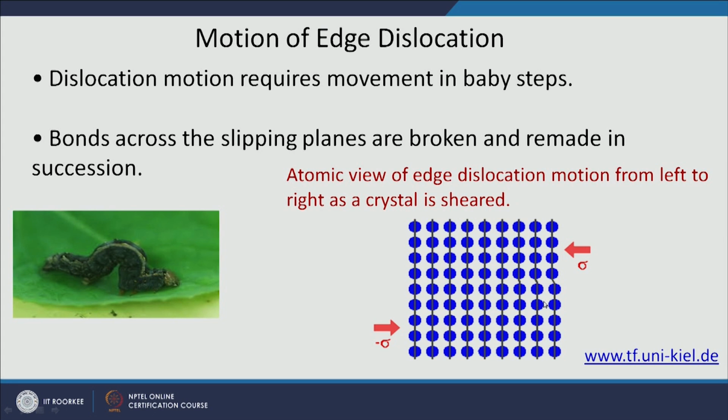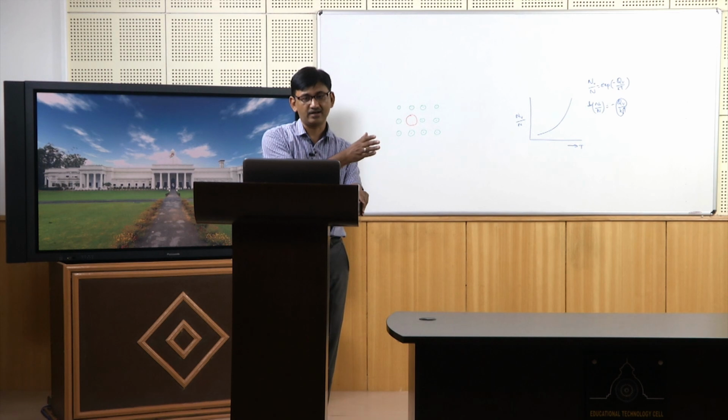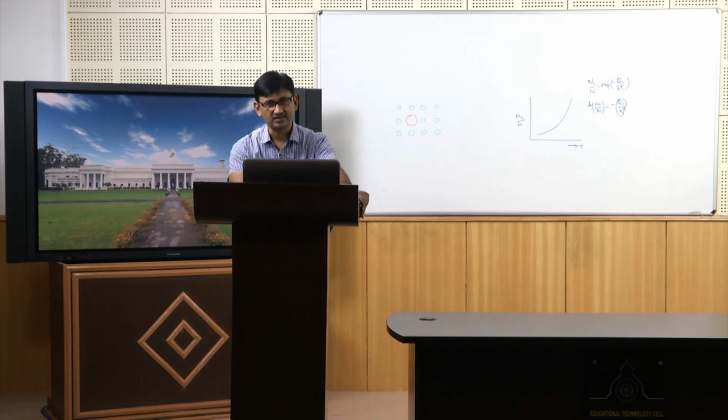And this sliding is helped by the creation of dislocation in the material. You can see by this red line here, which is depicting the dislocation, which is helping and creating the step at the end.